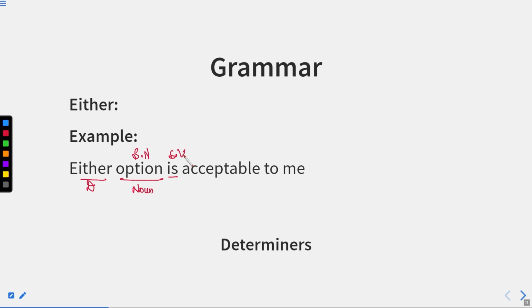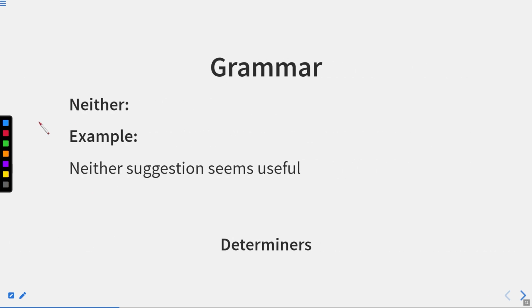So either plus singular noun plus singular verb. This is the basic structure. Either option is acceptable to me. Maybe I have been given two options and I have to select one. If I say either option is acceptable to me, it means whether I select A or B, both are good for me, whatever I get.